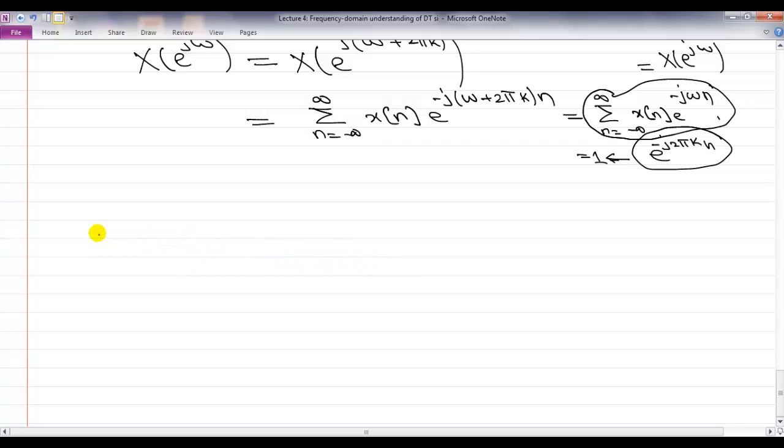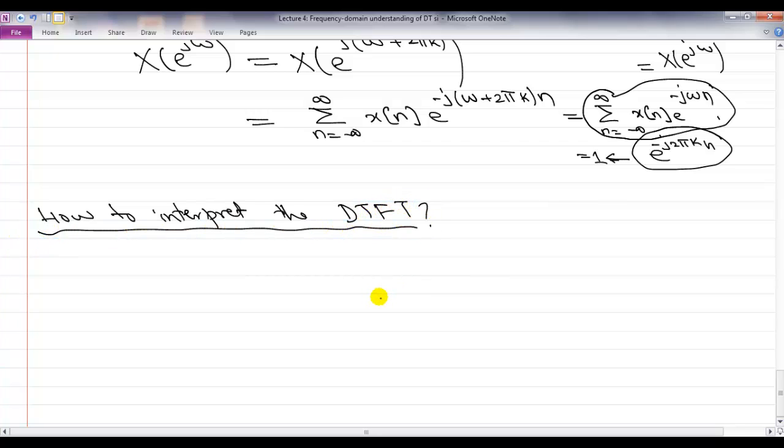So let's ask the question of how to interpret the DTFT. We'll try to look at the interpretation of the phases, but let's say this is the magnitude plot of my DTFT.